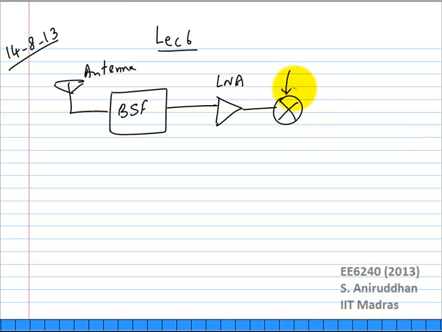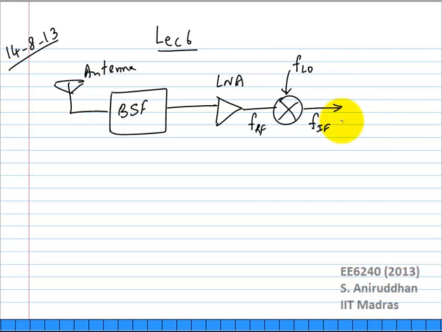So therefore the mixer requires a second input. So let us say this was FRF. The mixer will require a second input which will be FLO. And the output frequency is some FIF.